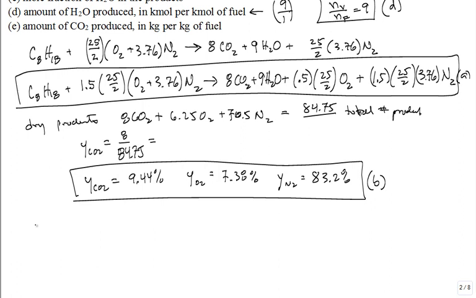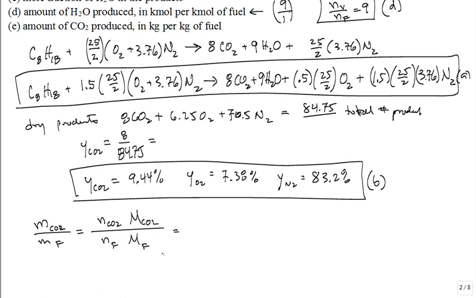So this is going to be the mass of the CO2 per mass of the fuel. That's going to be the number of moles of CO2 times the molar mass of CO2 divided by the number of moles of fuel times the molar mass of the fuel.